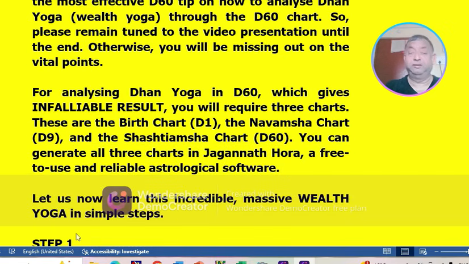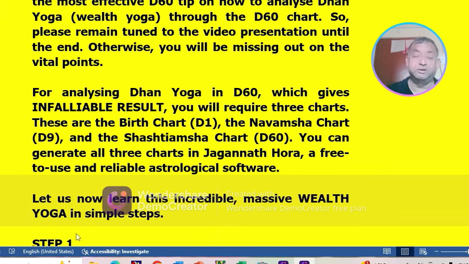For analyzing Dhan Yoga in D60, which gives infallible results, you will require 3 charts. These are the birth chart D1, the Navamsha chart D9, and the Shashtiamsha chart D60.